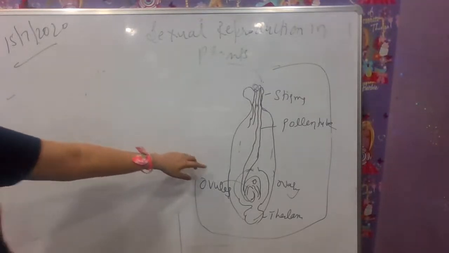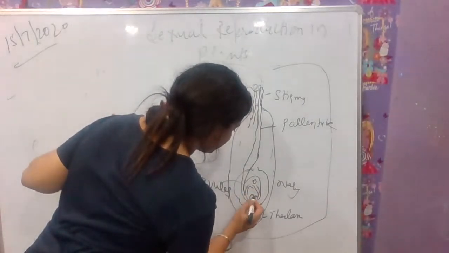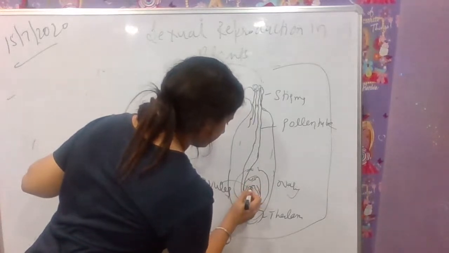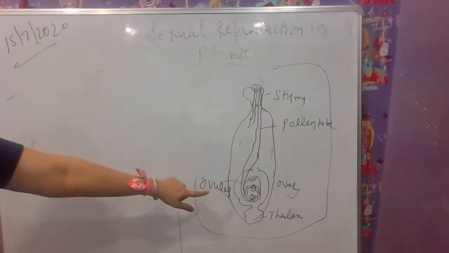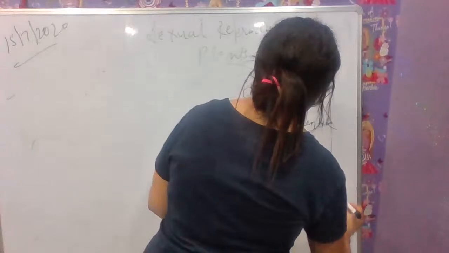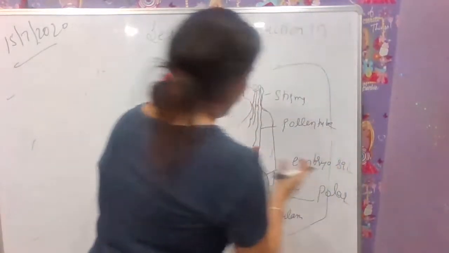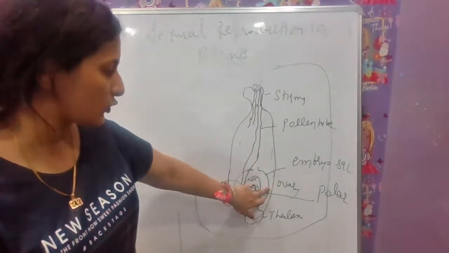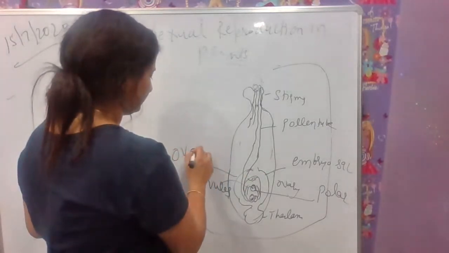Now in the ovary here, egg cell is there. This is egg cell and this is polar nuclei. This is embryo sac, inside which the embryo forms. It consists of ovary, ovule, ovary wall.